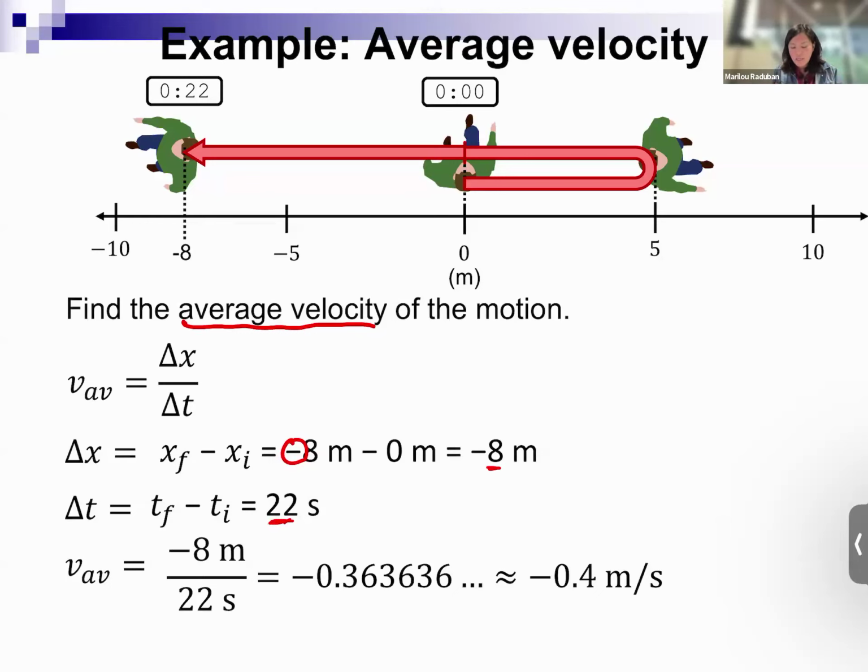We learned yesterday that when we do calculations, we usually use the least number of significant figures, and therefore we round to one significant figure. Our answer is negative. So that means that the position is to the left. So the person moved to the left with an average velocity of 0.4 meters per second. Right.